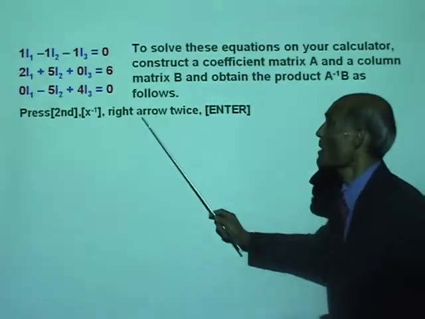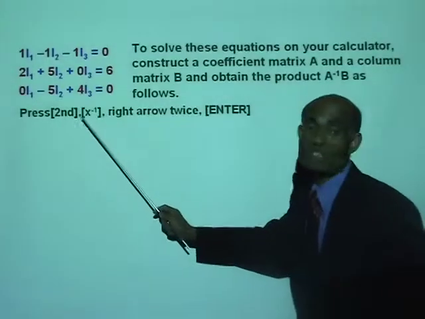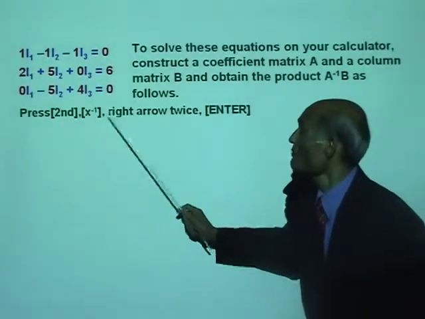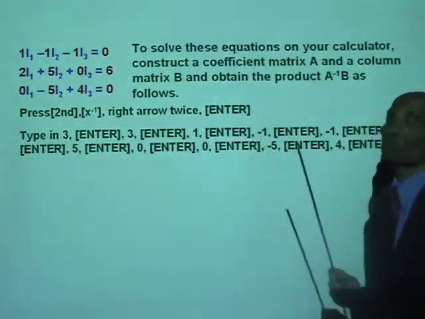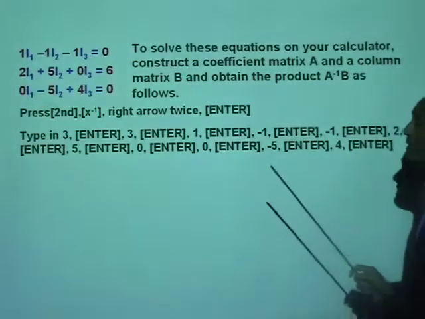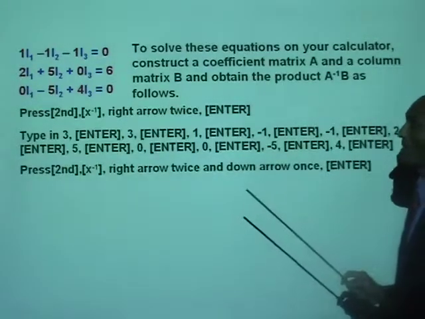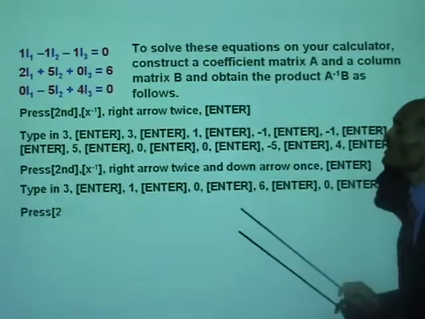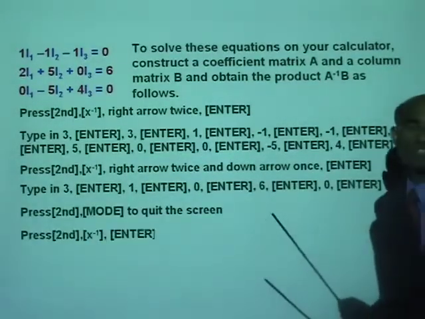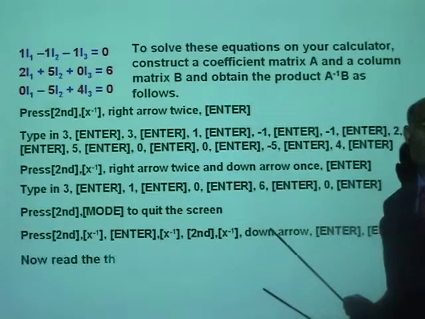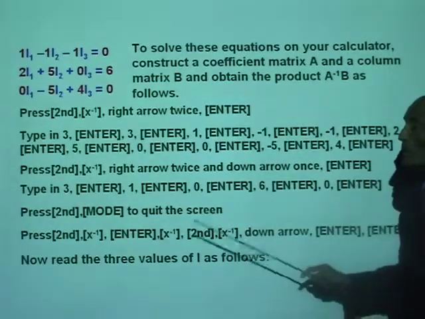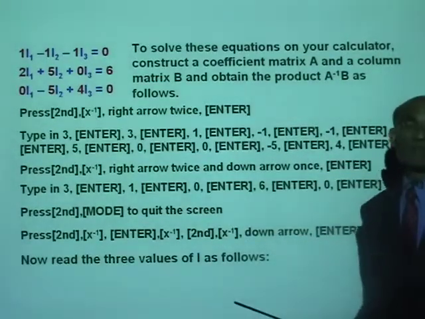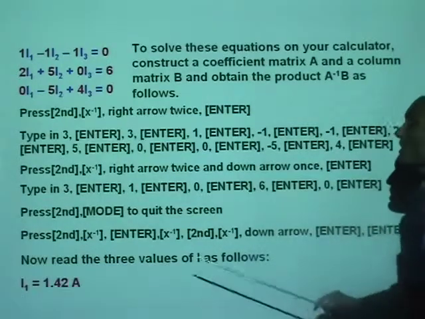I want you to print out the PowerPoint and follow these steps if you haven't been able to catch up with me. I've given you step by step what to do in solving these equations. You can actually pause this screen and do this on your own.